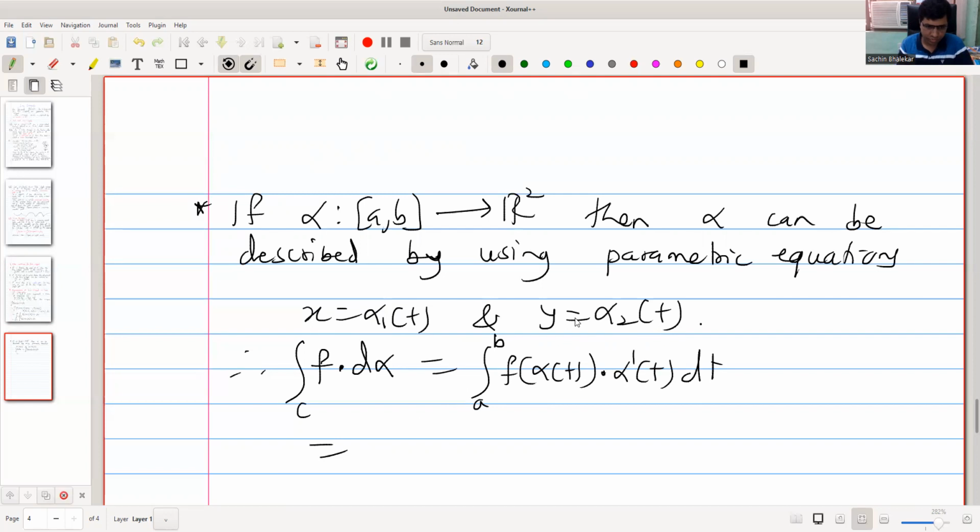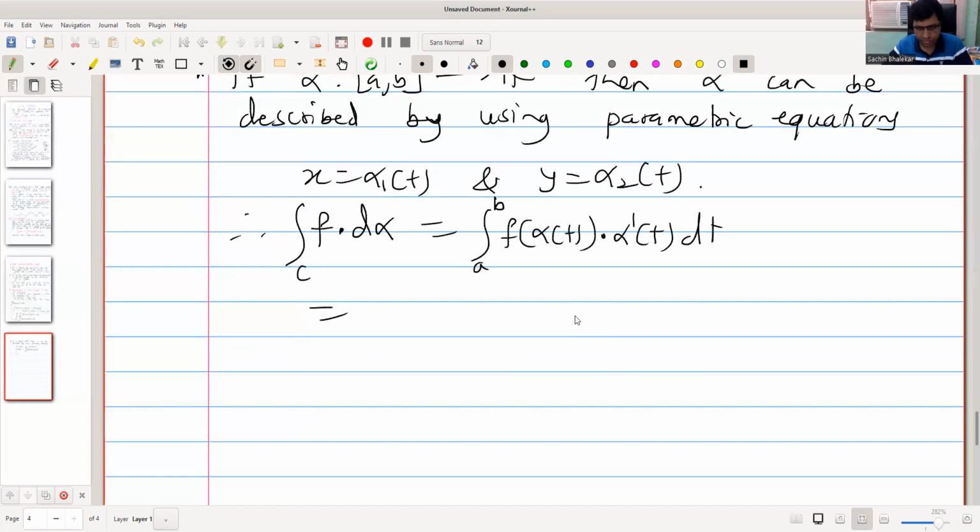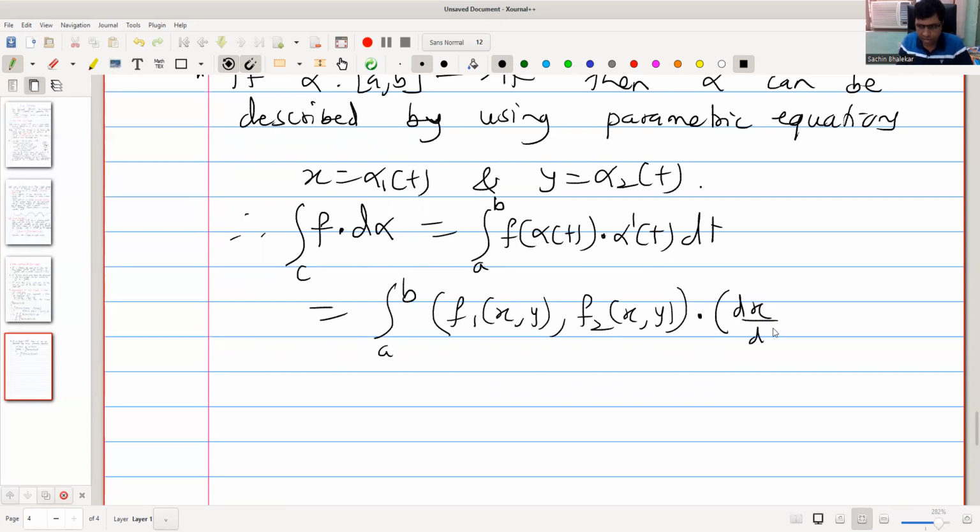So the components of f of alpha t are f1 of xy, f2 of xy, dot alpha dash of t, which is dx by dt, dy by dt.